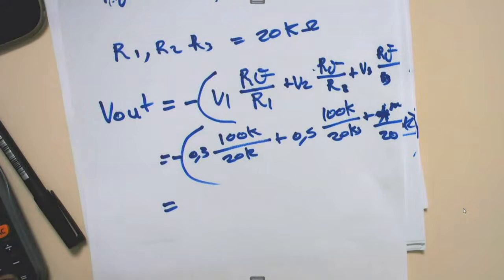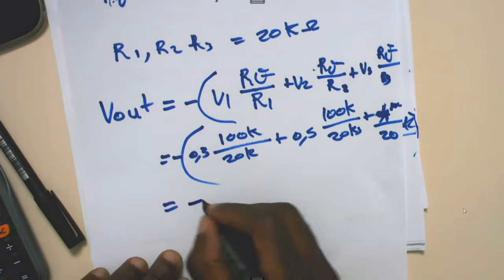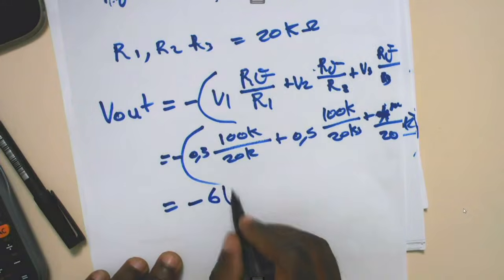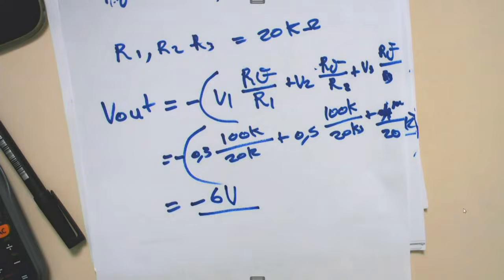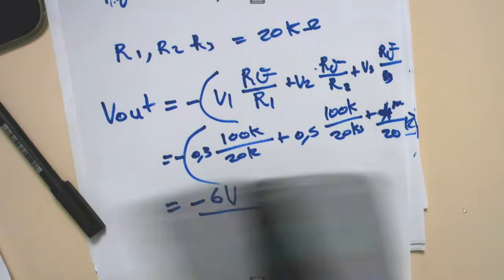The answer will have -6 volts. So for this calculation you'll get your full complementary marks of -6.